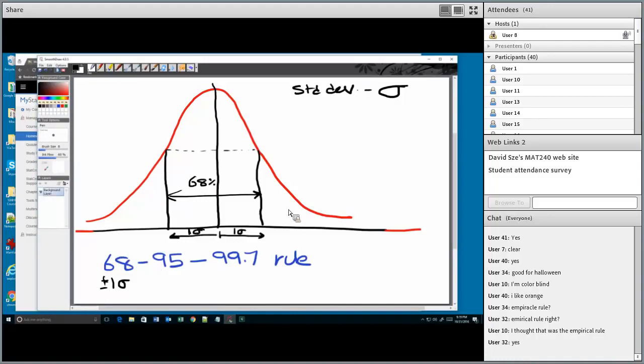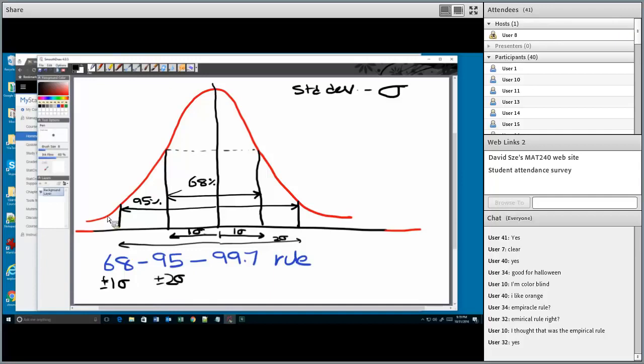Similarly, plus or minus two standard deviations, which will obviously be bigger, will have 95% of the values. Okay, so 95% of the values are going to be within this range, plus or minus two standard deviations.